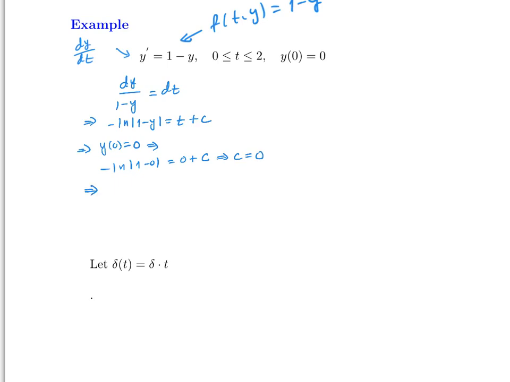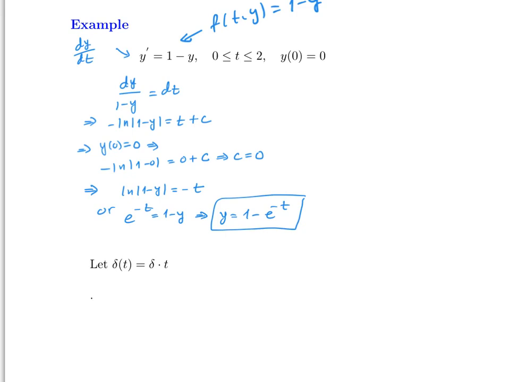So therefore we end up with ln of (1 minus y) is equal to minus t, or e to the minus t is equal to 1 minus y, or y is equal to 1 minus e to the minus t. So you can see this has a unique solution because it satisfies the Lipschitz condition. The question is, is this a well-posed problem?